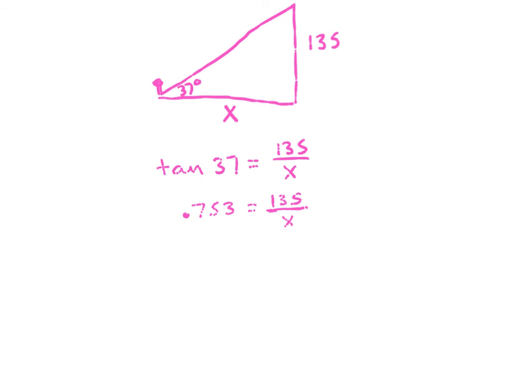So let's try something different. We could cross multiply, that way we can get our x to be on top. So we would have 0.753 times x, and then this would be 1 times 135. Now how do I solve for x?